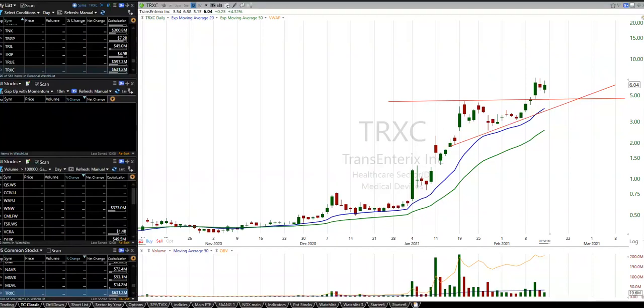You might have to wait before you enter, because we don't know if it's going to continue to go down. There's one thing about buying stocks that are falling. How cheap is cheap? We don't know. So you have to wait to see how the pattern develops if it trades below the entry level and you haven't bought it yet.